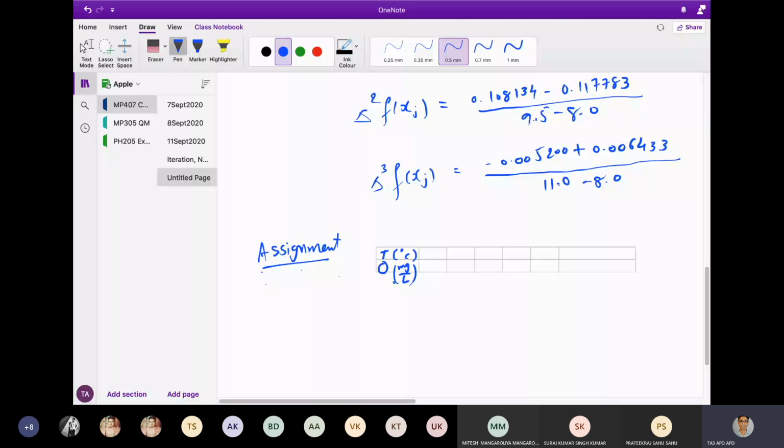Okay, and the data is: at 0 degrees Celsius, you have 14.621.